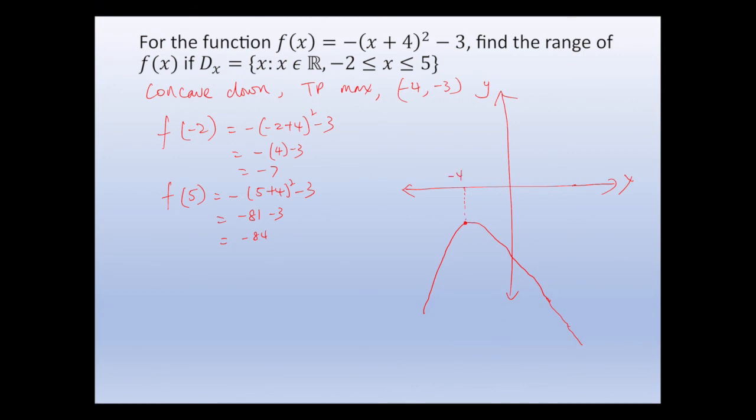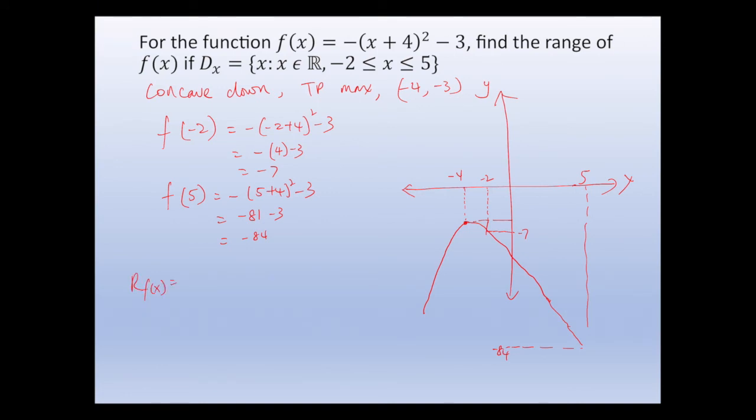So now we know that here this is minus 4. However, the domain specified that we are from minus 2 to 5. Okay, so therefore we know that that maximum is not the turning point. The maximum is actually minus 7 and the minimum is minus 84.